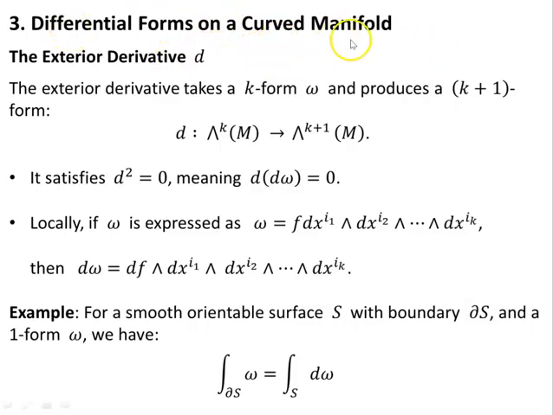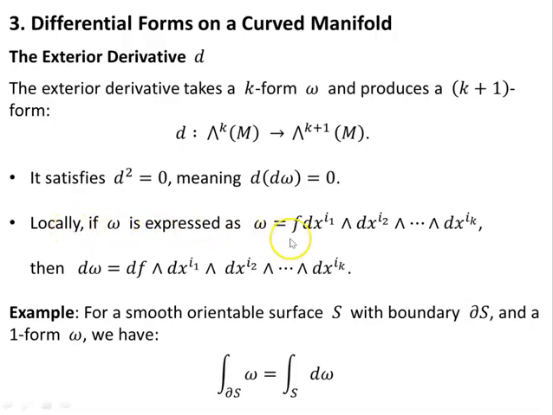So differential forms on a curved manifold will really be the subject of the next video, but I'll touch on it here. The exterior derivative d takes a k-form omega and produces a k plus 1 form. So the exterior derivative is a map from the space of k-forms on M to the space of k plus 1 forms on M. It satisfies d squared is 0, meaning d d omega is 0.